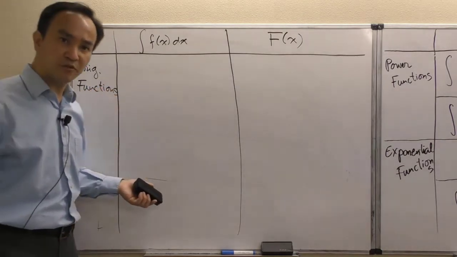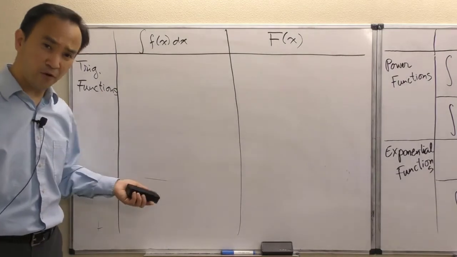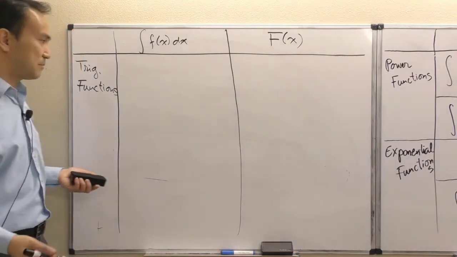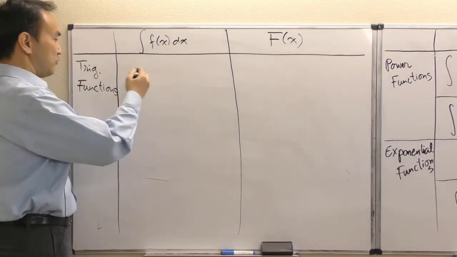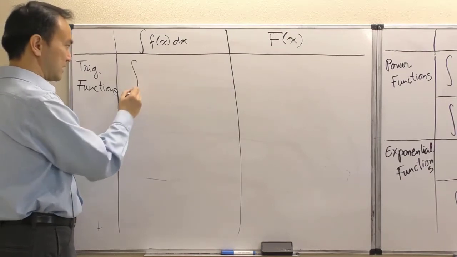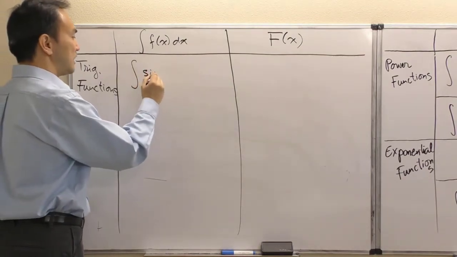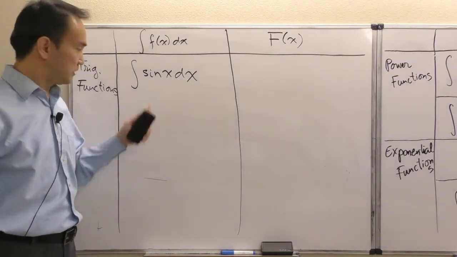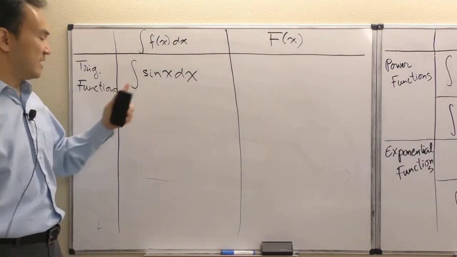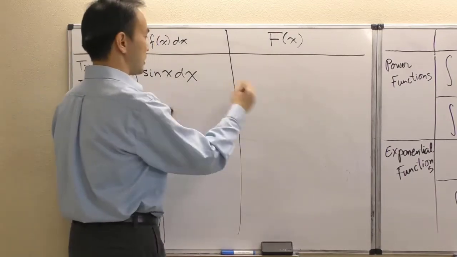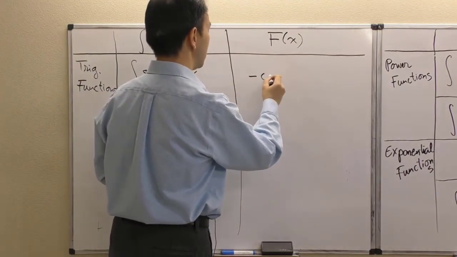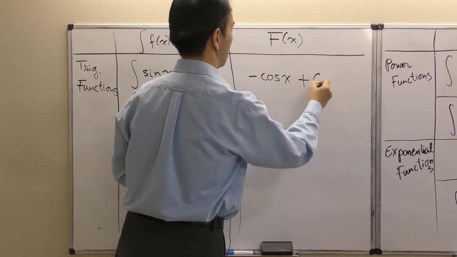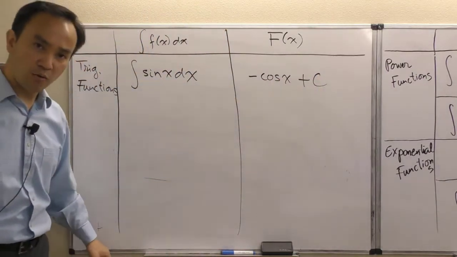Let's summarize what we've done just earlier before I mention this table again. We have learned just now that the antiderivative for sine of x, one of the famous trig functions, is negative cosine of x plus c, and it will always work like that.